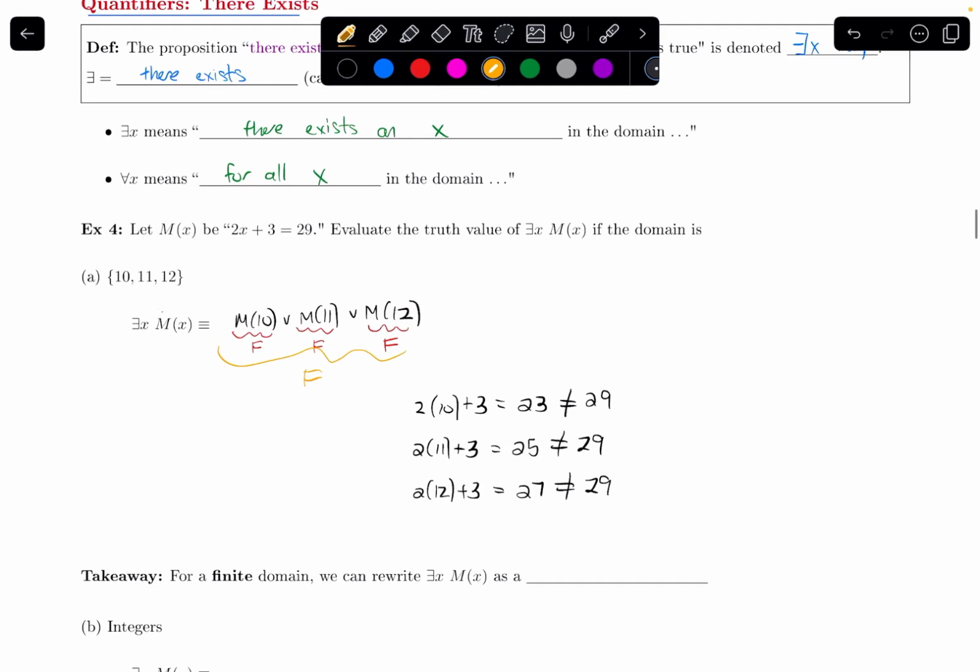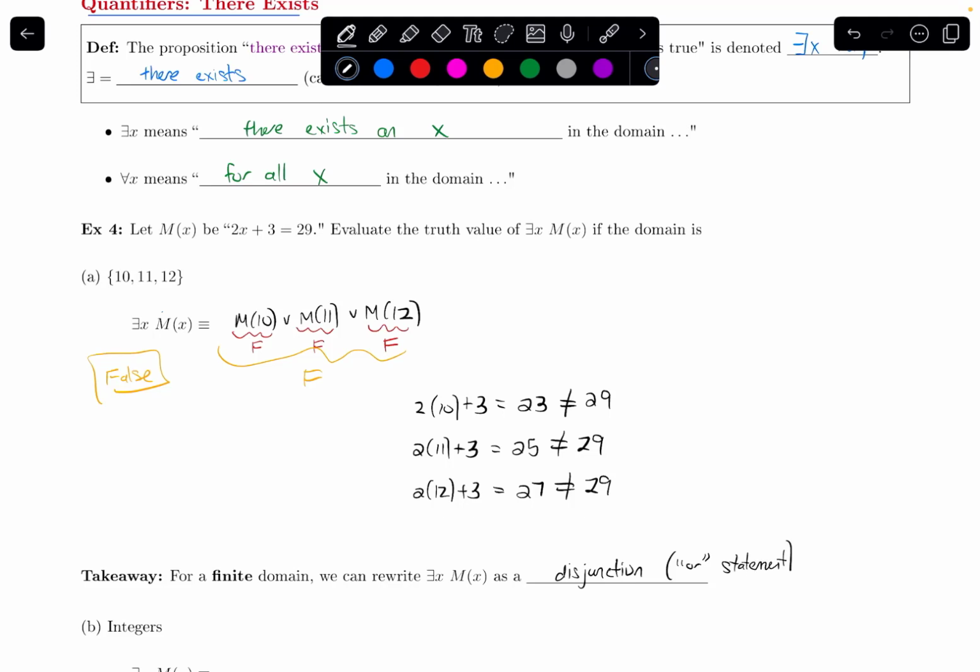Okay, so my there exists x m of x here happens to be false. There was no x in this domain that made this true. So the takeaway when I have a finite domain like this is we can write this there exists statement as a disjunction.